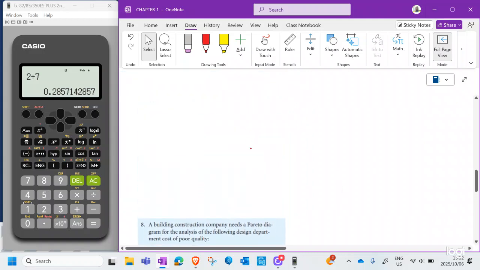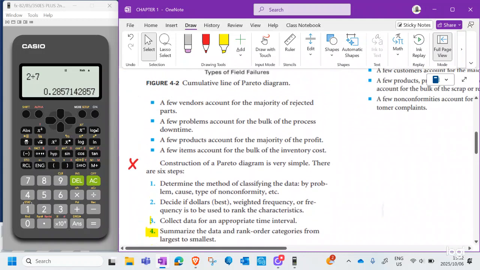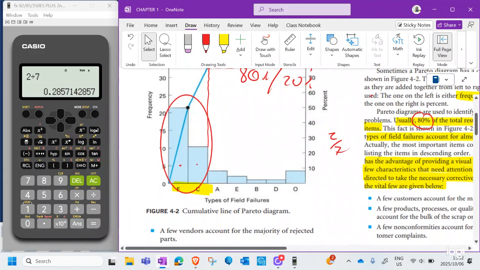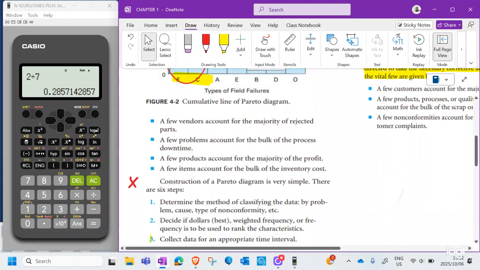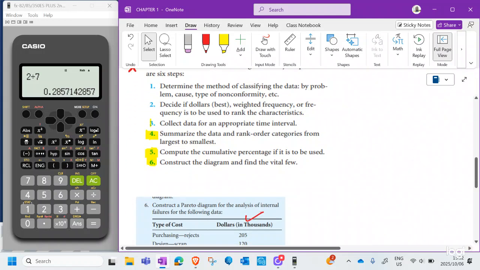So indeed, in this case, if we solve this 20% that they're talking about, we would have solved 80% of their issues. Okay, then I will jump straight to the steps. They say collect the data for appropriate time interval, summarize the data, and rank order categories from largest to smallest.